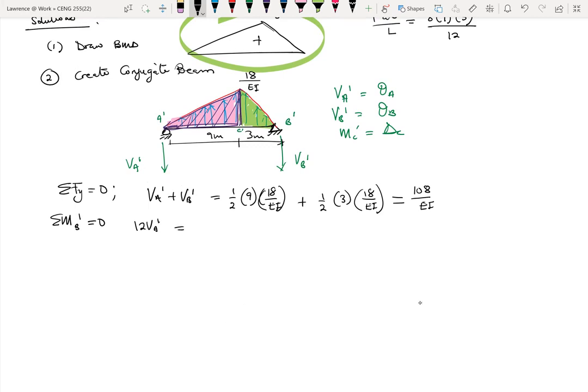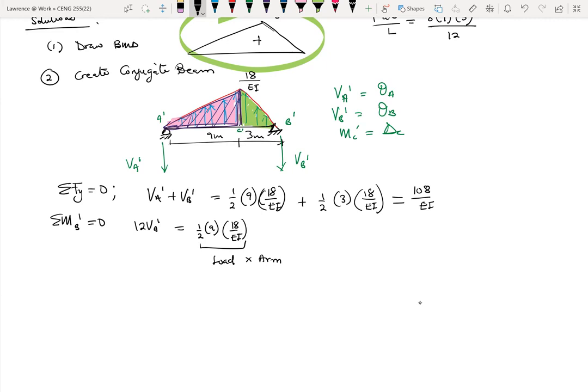And that should be equal to, then we can again look at the two triangles. All right. So for the triangle on the left side, we have the area, which will give us the load. So I'm just writing everything that I wrote earlier. So this is simply the load. Okay. And moment is what? Load times the moment arm, right? Okay.